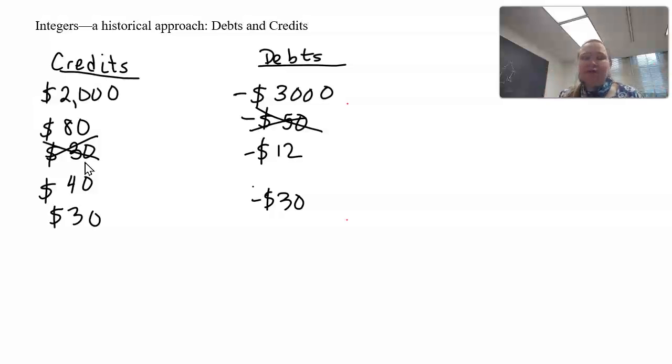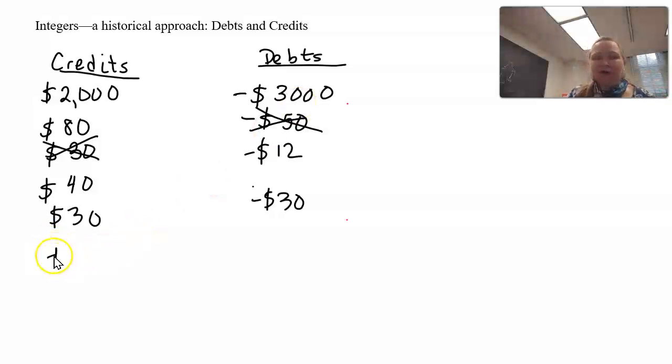But all of these represent things that can happen with money. And so this is one of our ways of thinking about what it means to be a positive or a negative amount.